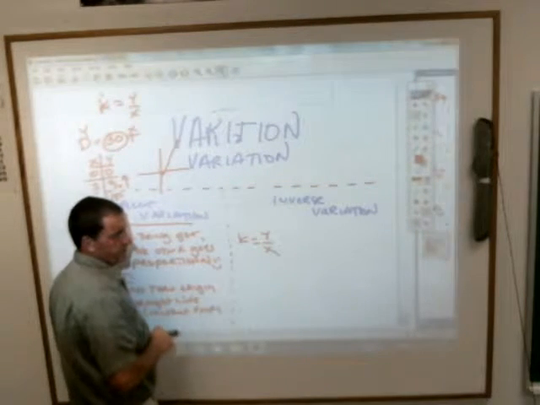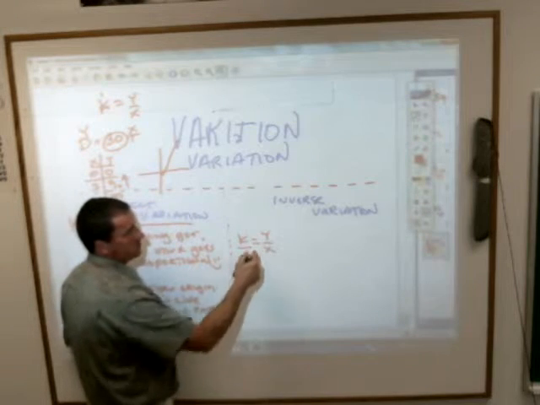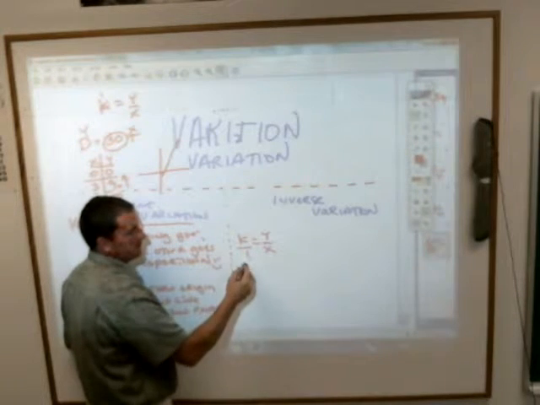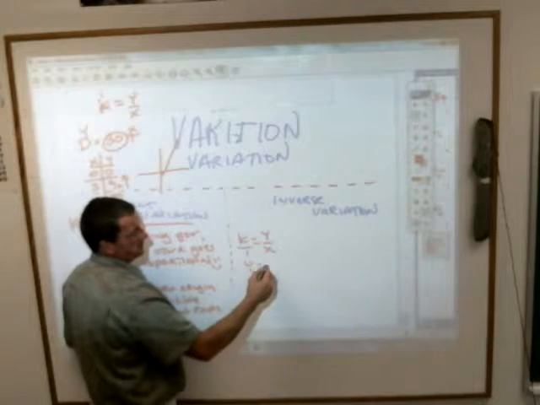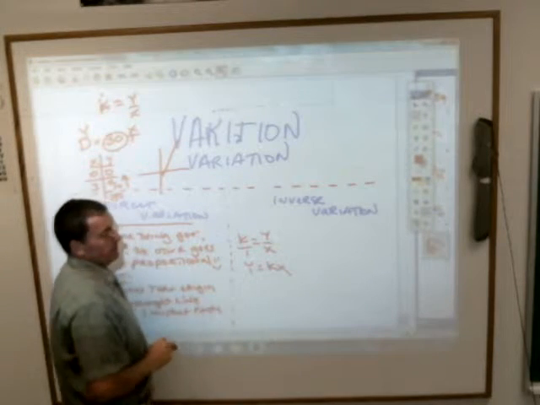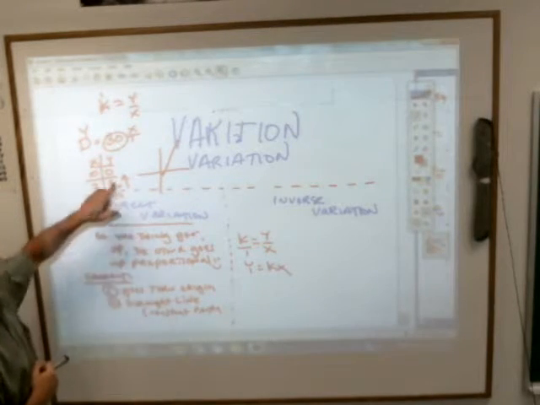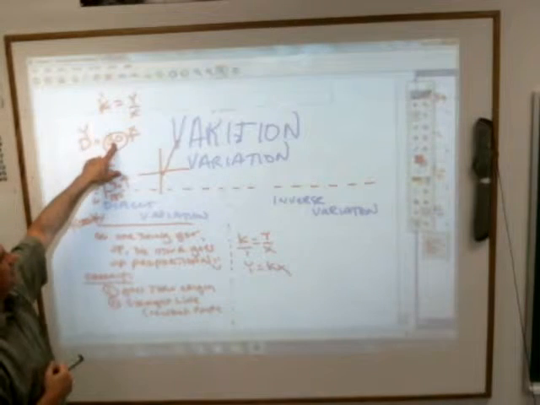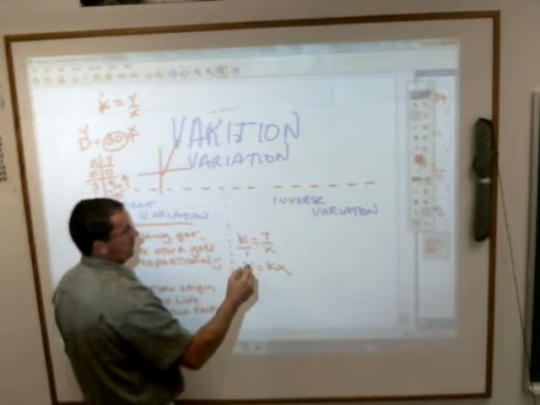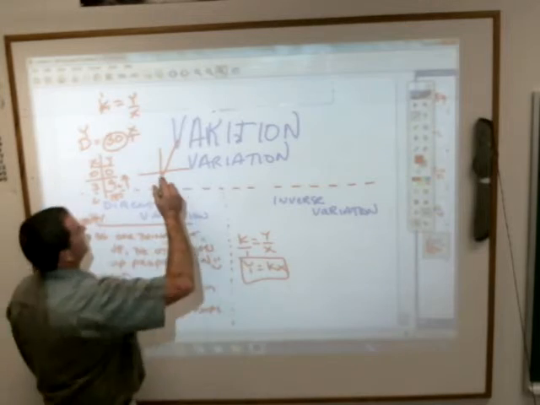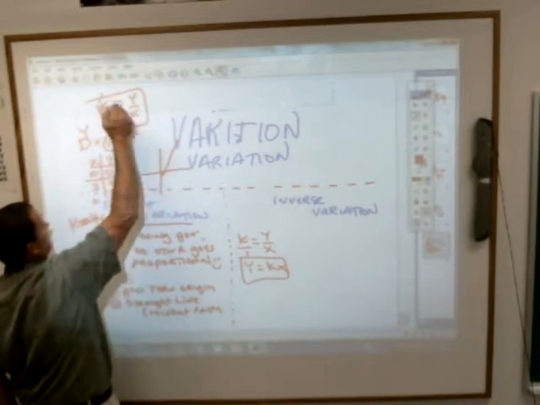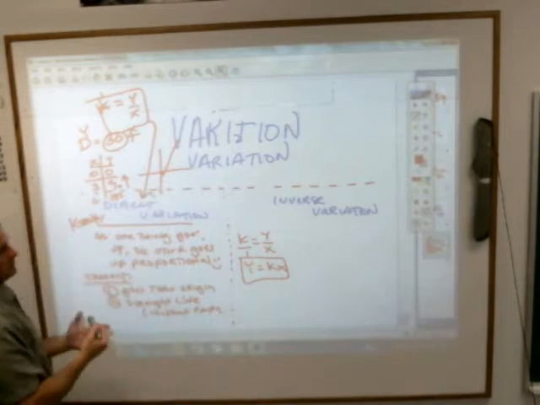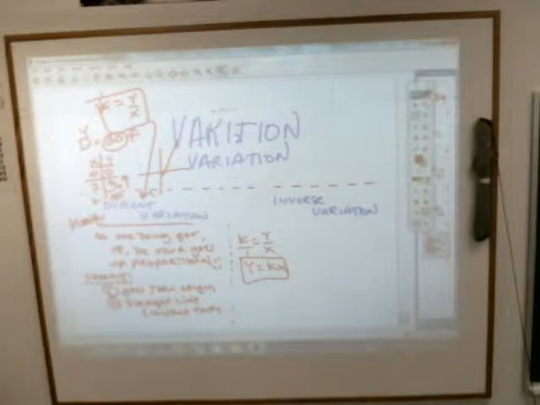Y equals kx. If you did the cross multiplying, y times 1 equals k times x. Those are the exact same things, and that's what we had here. Y equals k times x. So remember, this and this are direct variation because it's directly variated.